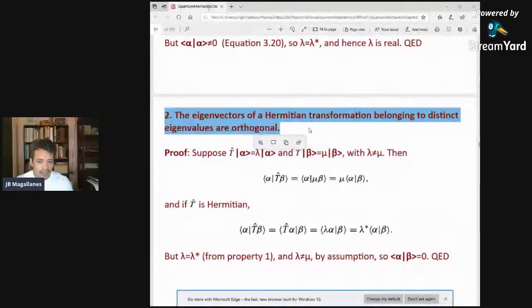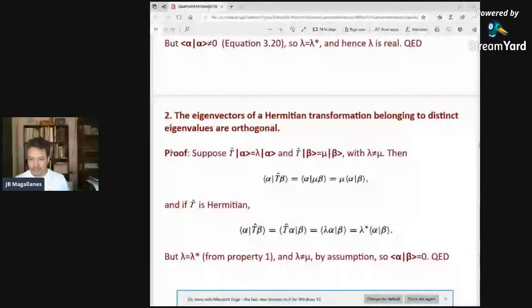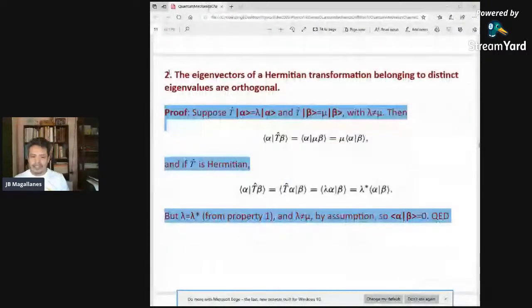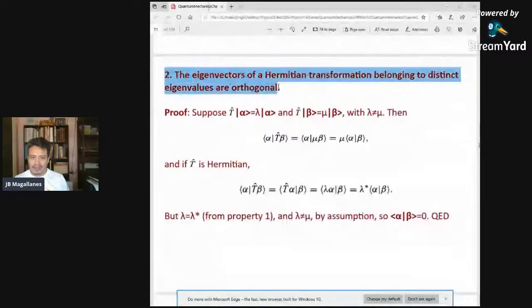Orthogonal meaning if you get the inner product of two eigenvectors, the inner product is equal to 0 always. So that's the second. You can prove it. The proof is very short. But just deal with this. The eigenvectors of a Hermitian transformation belonging to distinct eigenvalues are orthogonal.